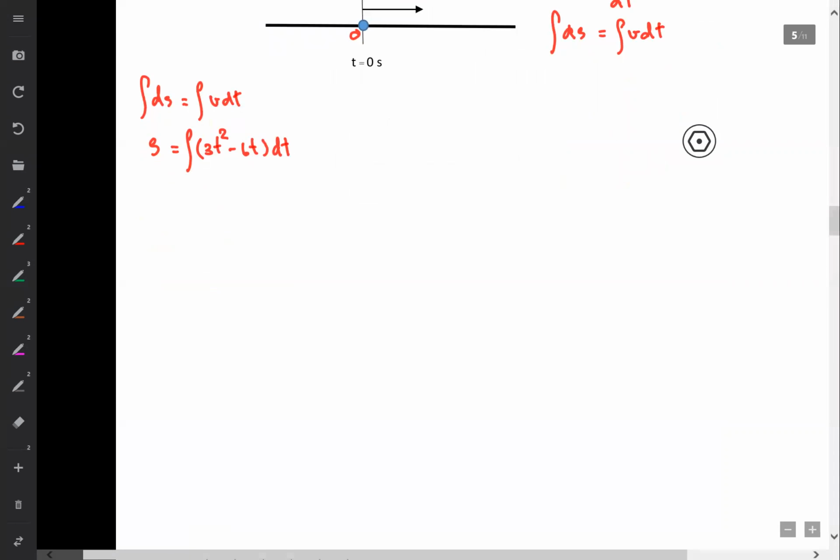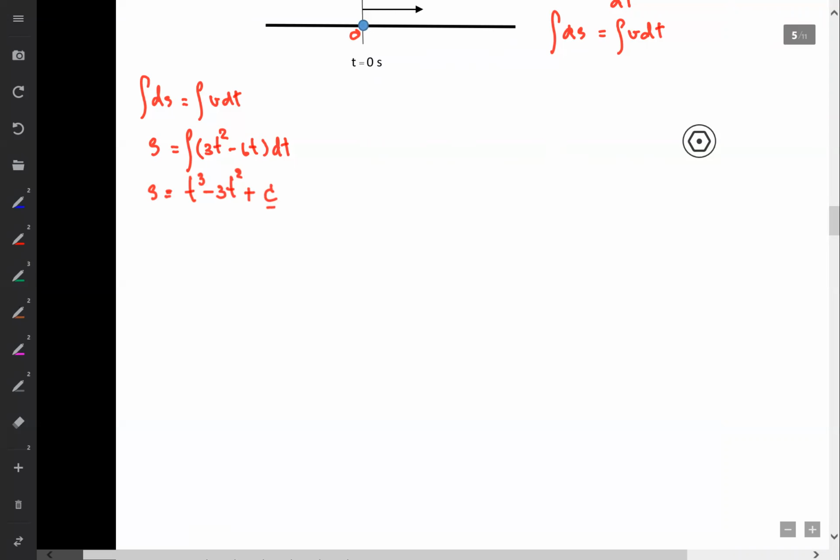As we integrate the polynomial function like this, we find that it is equal to t cubed minus 3t squared. And don't forget to add the constant c.